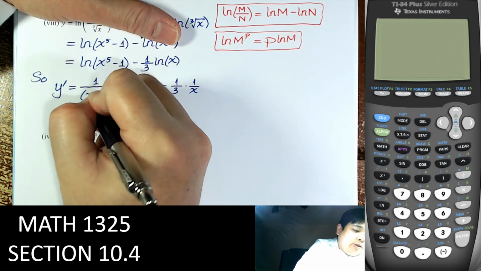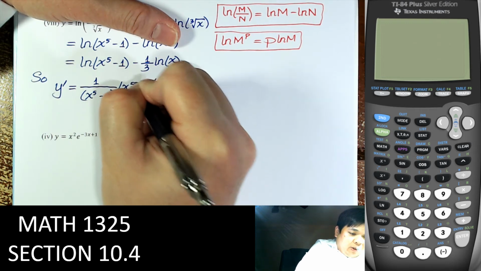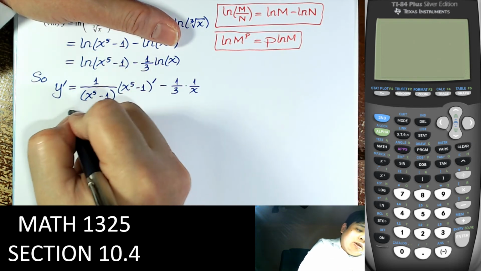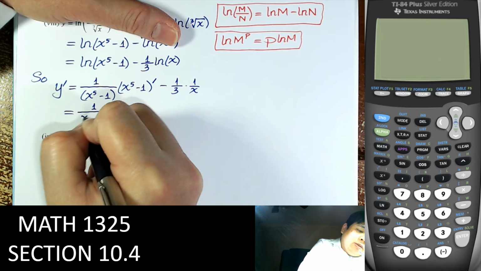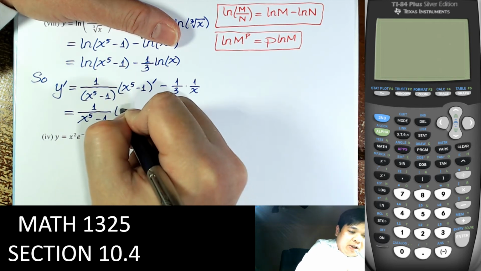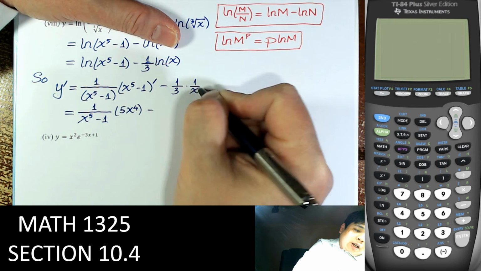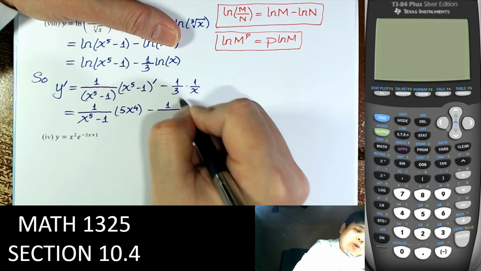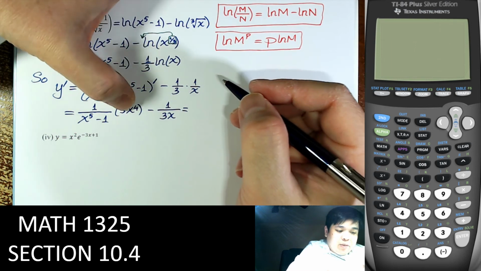So we have x to the 5th minus 1 in the denominator, and the derivative of this is 5x to the 4th. And then 1 over 3x. I can multiply that on the top.